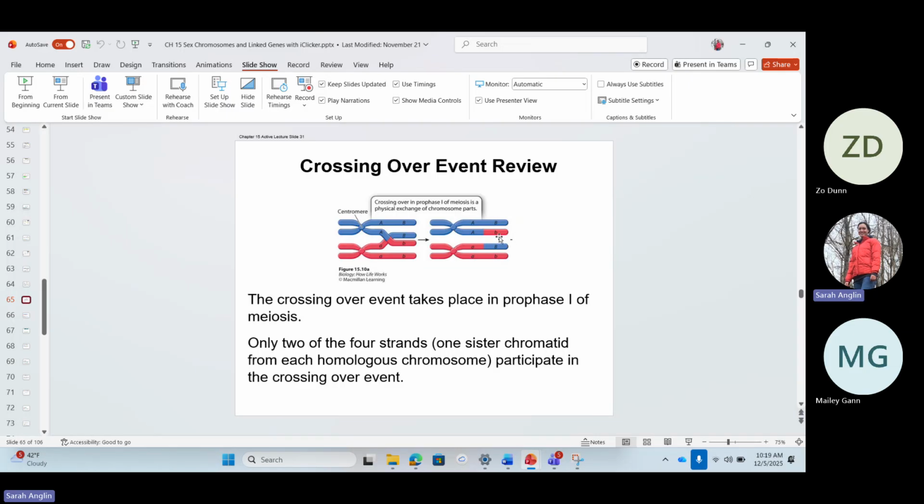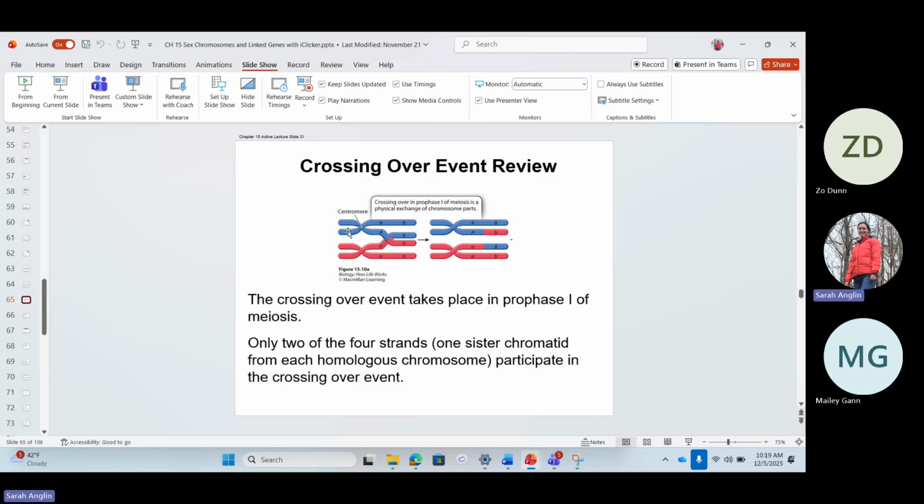Because of this, remember, we call genes that are on the same chromosome or chromatid linked genes. They can be inherited together into gametes, right? They could be passed on together into gametes, which would be the case for this chromatid right here. You could see it would remain the same configuration.